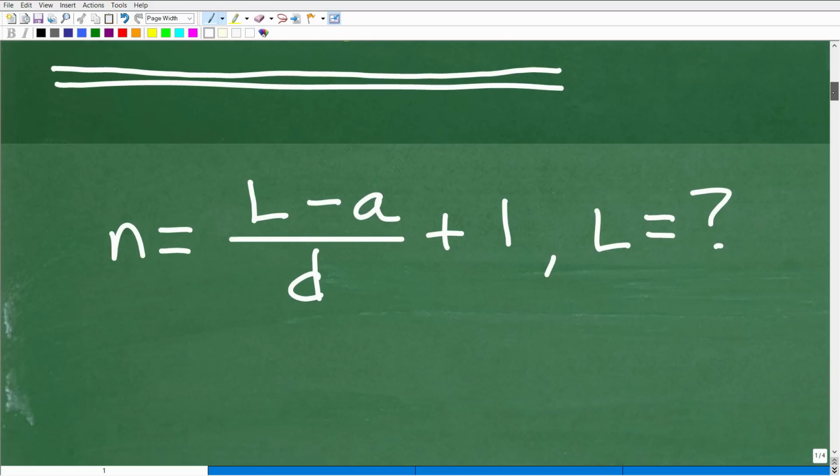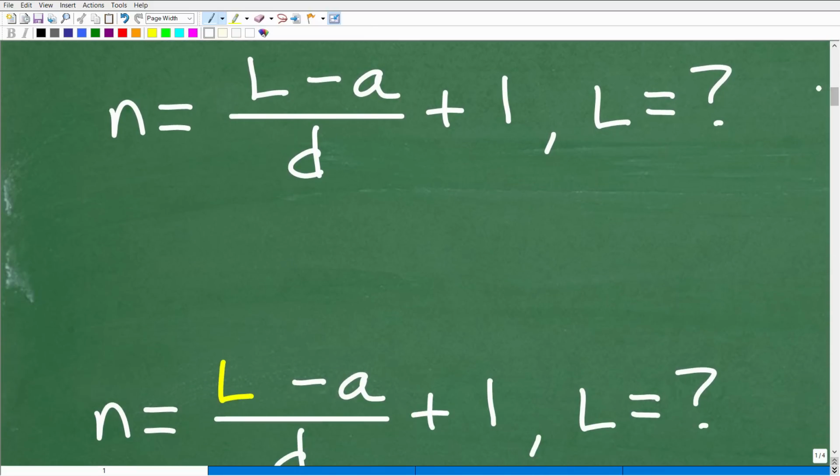Okay, so here is the objective. We're trying to solve this equation, and this equation has multiple variables in it, right? It has N, L, A, D, and then of course we have this one.